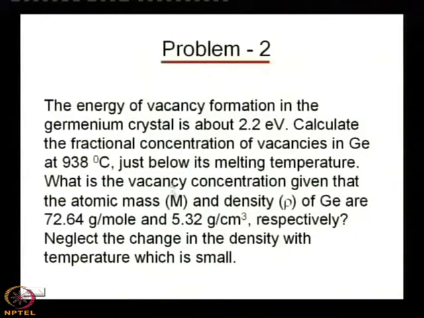Then you calculate what should be the vacancy concentration in germanium, because for aluminum we have seen it is 1 into 10 to the power 19. Here you see what is the value for germanium.